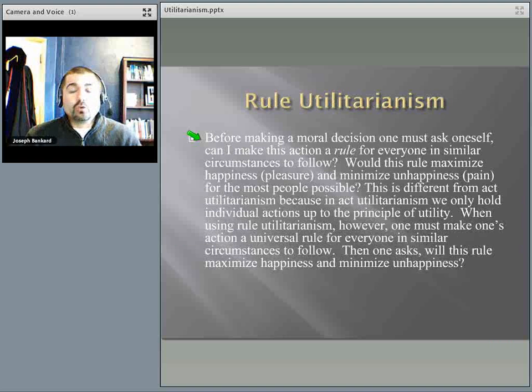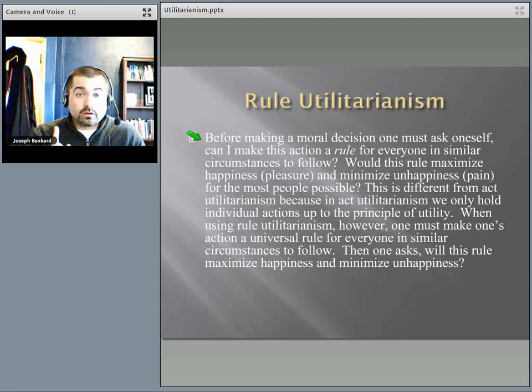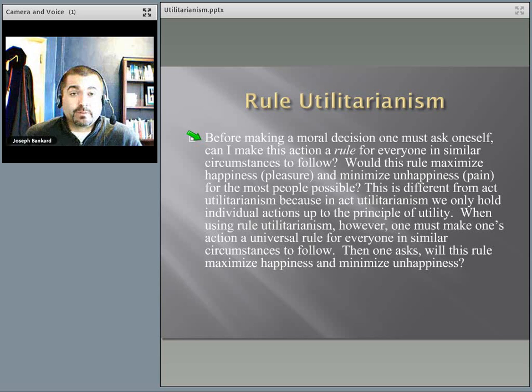Rule utilitarianism says this: before making a moral decision, one must ask oneself, can I make this action a rule for everyone in similar circumstances to follow? Would this rule maximize happiness and minimize unhappiness for the most people possible?